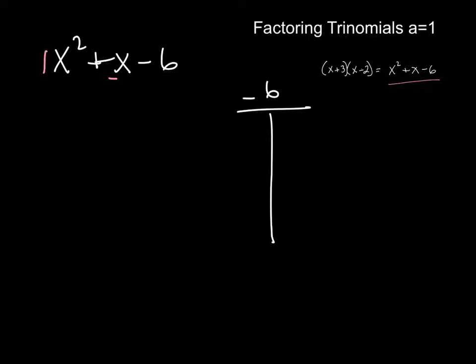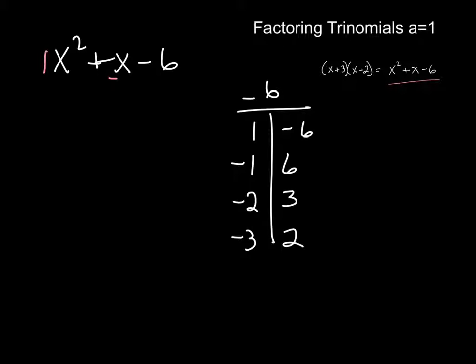It's just understood. So if we take our factor tree, factors of 6, we have 1 and negative 6. We have negative 1 and 6. We have negative 2 and 3, and then we have negative 3 and 2. Now those are our factors, and we want to find some that, when we combine them and add them together, will give us a positive 1.